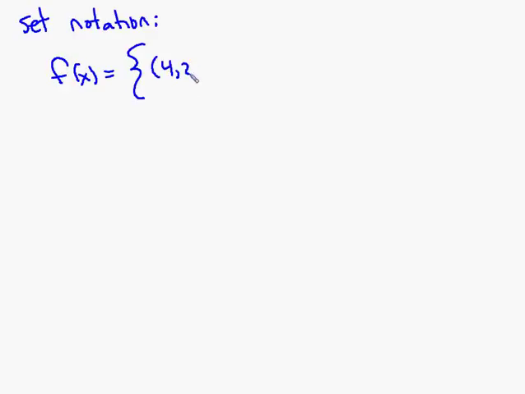So 4, 2. You want to write this really clear. Don't be a slob. And I won't give us many numbers here. Okay, so that's going to be our function.